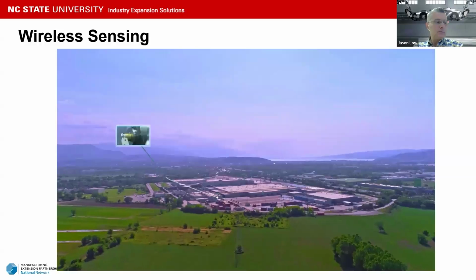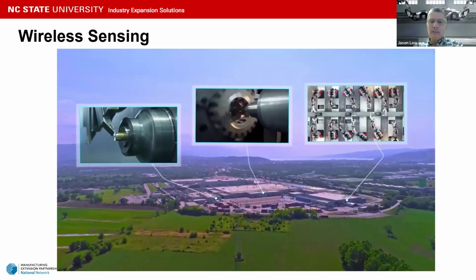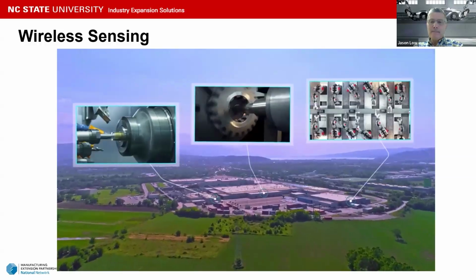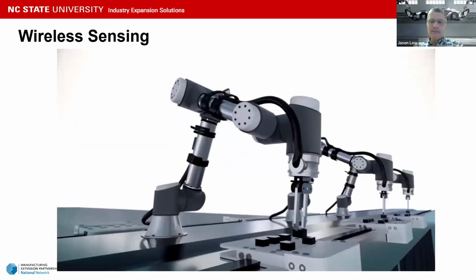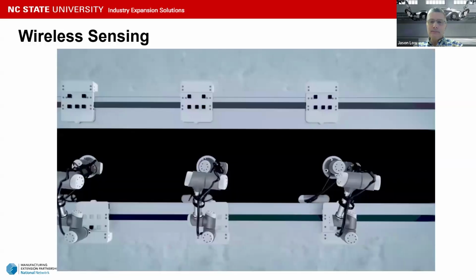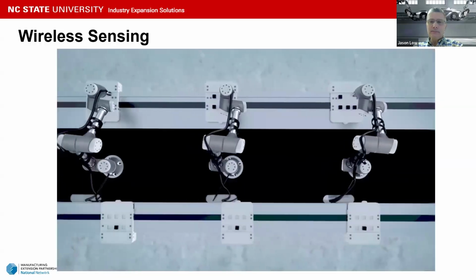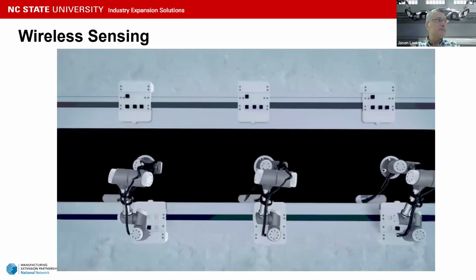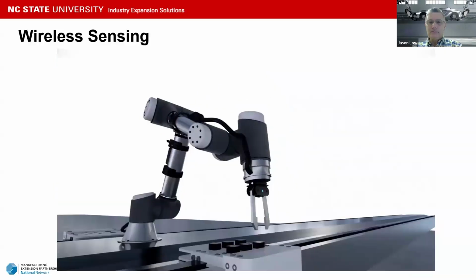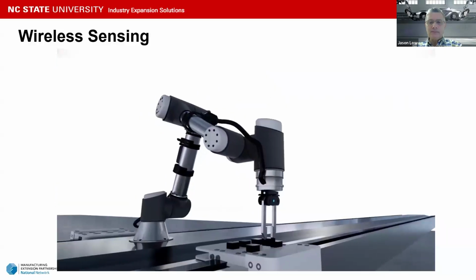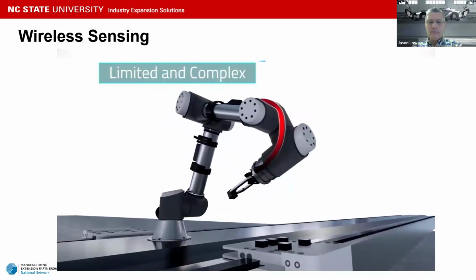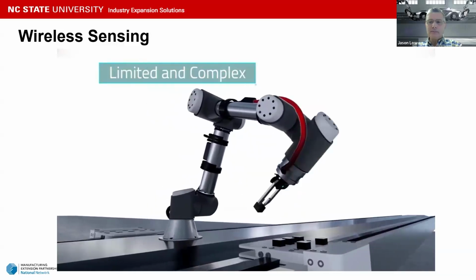Manufacturing plants rely on a broad range of rotating components and equipment. Collaborative robots are enabling the automation of repetitive tasks and improvement of productivity. However, cable communication to the end effectors on the robots limits the flexibility and creates complex deployments.